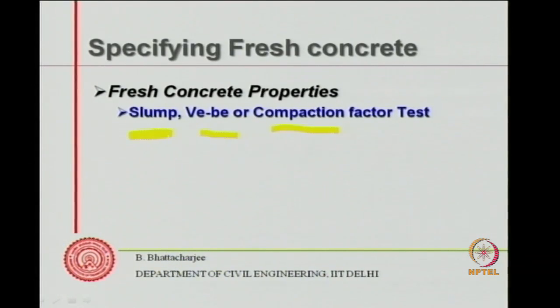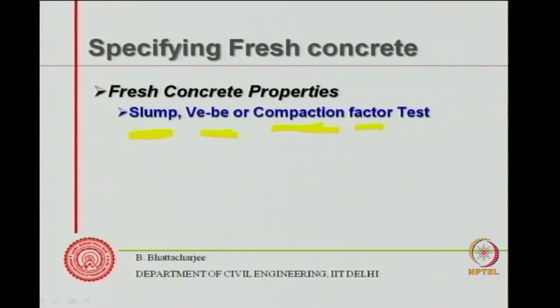These are some engineering properties devised for measurement of fresh concrete properties. What these values are, we'll come to in detail sometime later on. We'll also talk a little bit about the measurement methods.